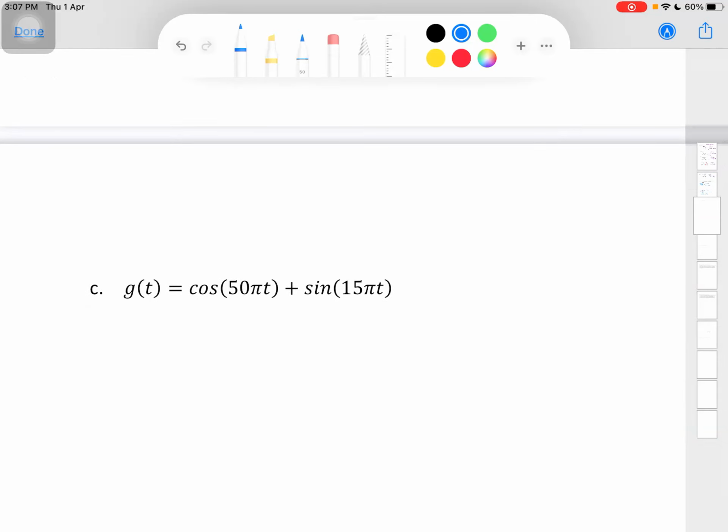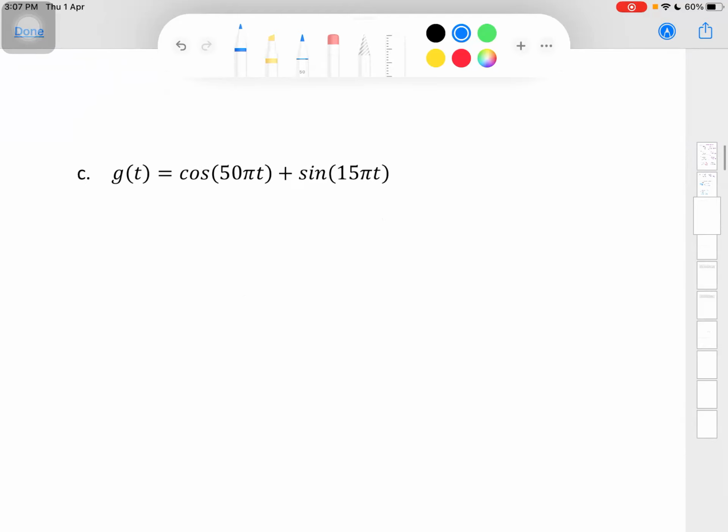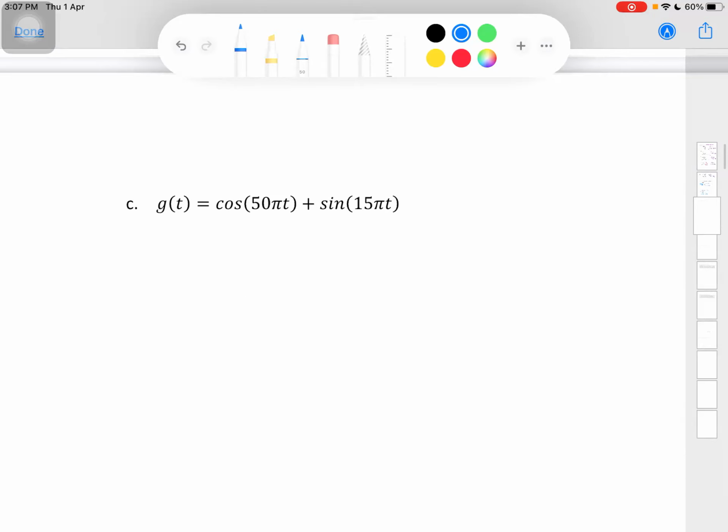Right, now let's have a look at the next question. So this time you are given g of t, which is equivalent to the sum of a cosine function here and a sine function over here. So when we have this kind of question, the first thing that we want to do is determine the fundamental period of this cosine signal and the fundamental period of this sine signal.